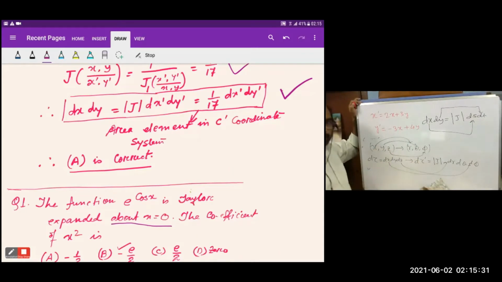We have to only calculate the absolute value of J.